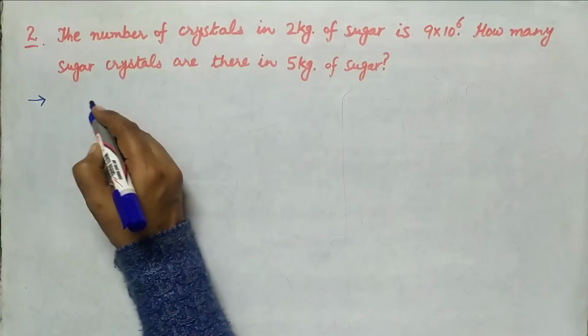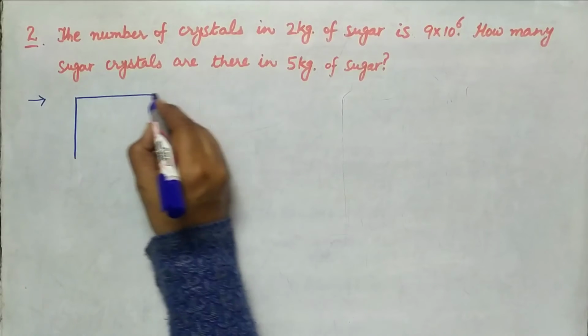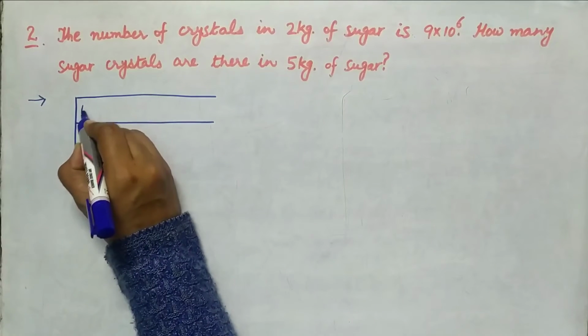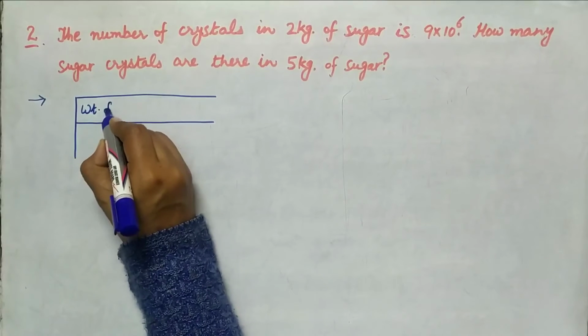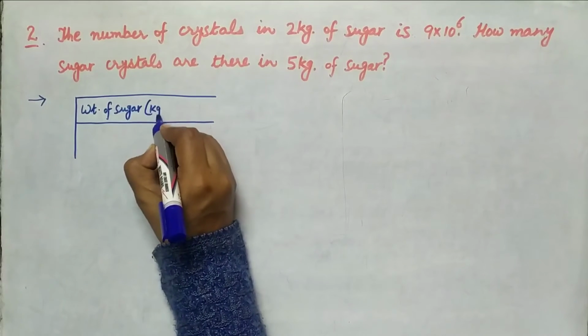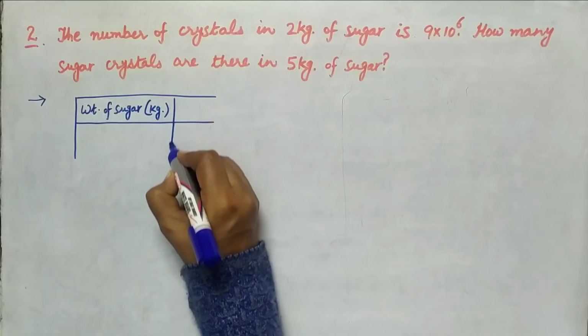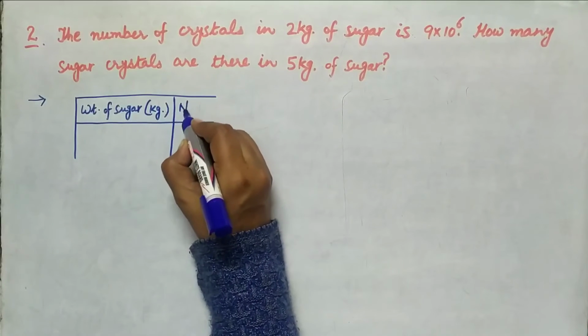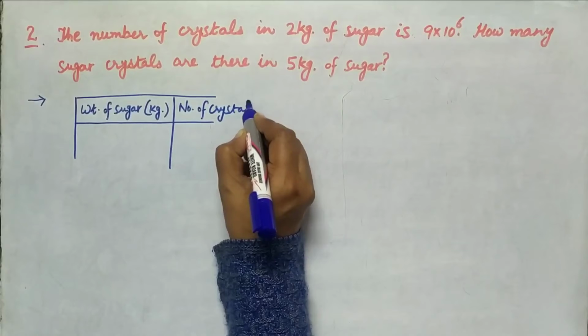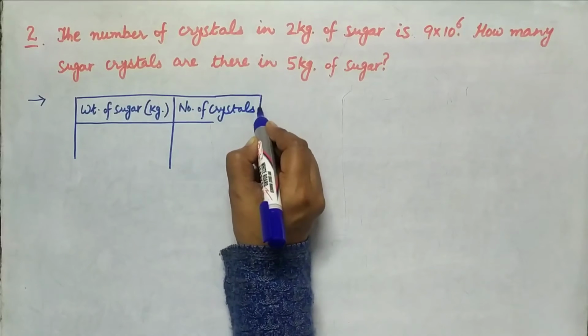Here we go. The table will have 2 columns. The first one, that is weight of sugar, and weight is given in kilograms. And the second, number of crystals, that is how many sugar crystals are there.